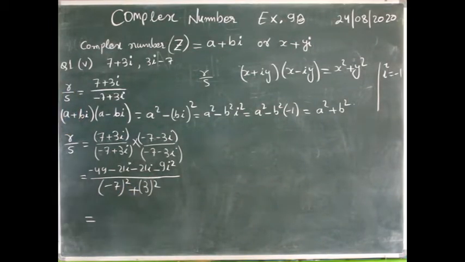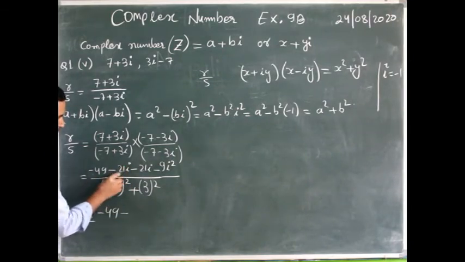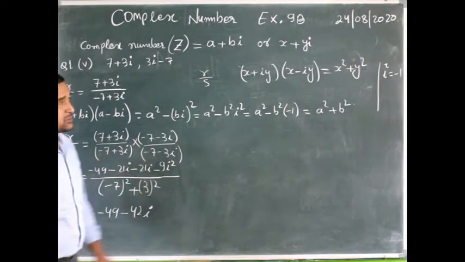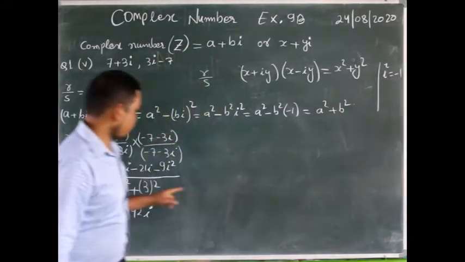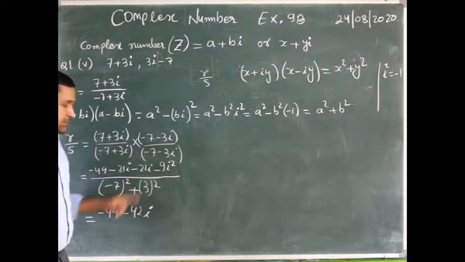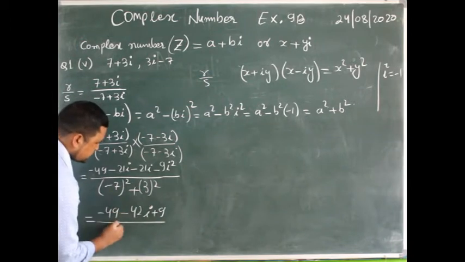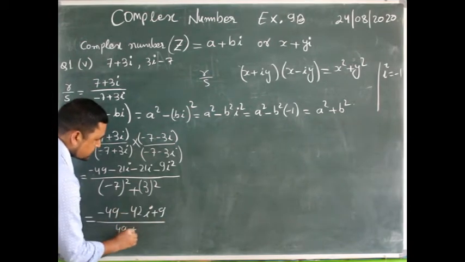Now we get the sum of like terms. This is minus 49 and this is minus how much? 42i. Then i square means minus 1, and minus times minus 1 gives plus 9. The denominator is 7 sevens are 49 plus 9.